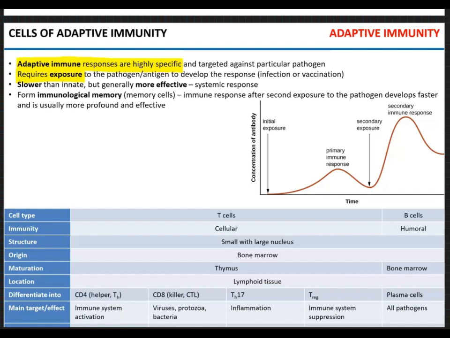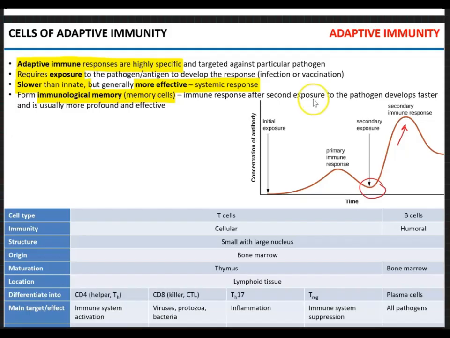Because of that exposure and because of multi-step activation process, it is slower than innate, but more effective, because the response is systemic. But perhaps the most important feature of adaptive immunity is that it can form what is called immunological memory, which means the immune response that is produced after the second exposure is faster and more robust.